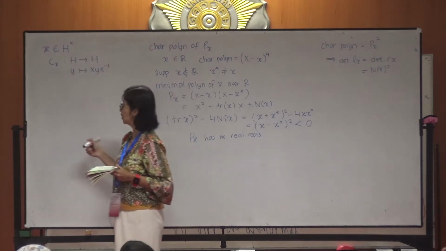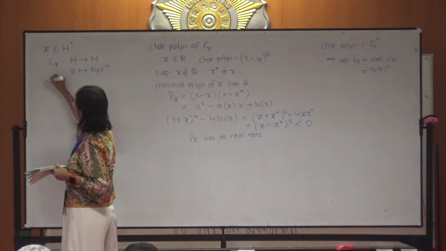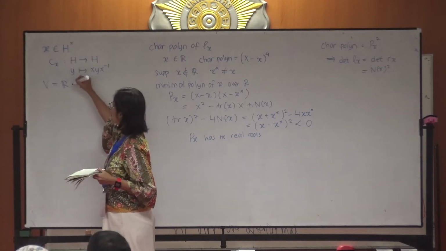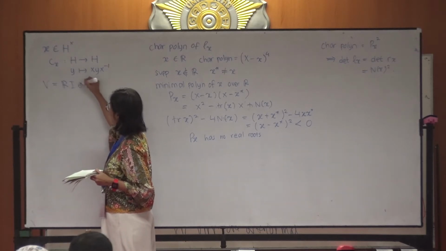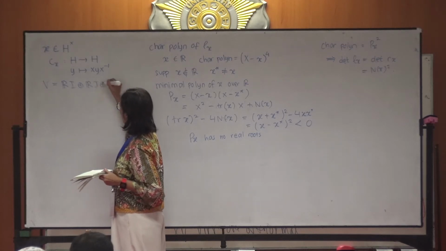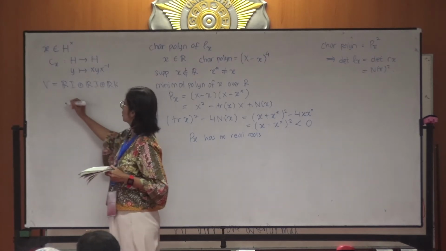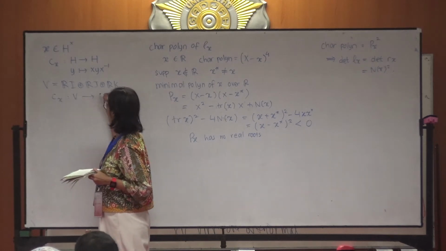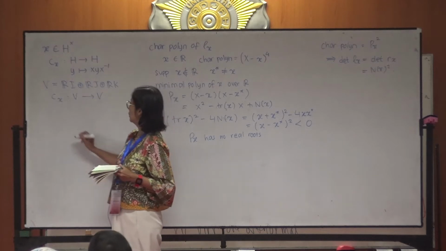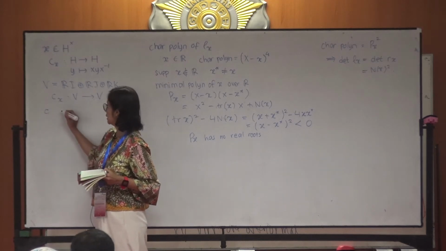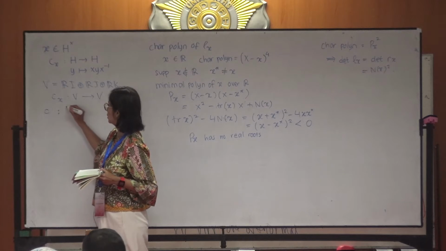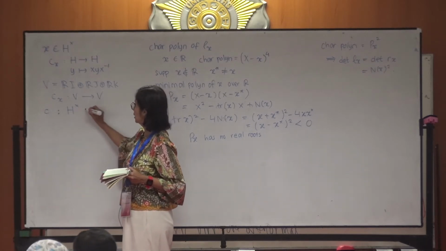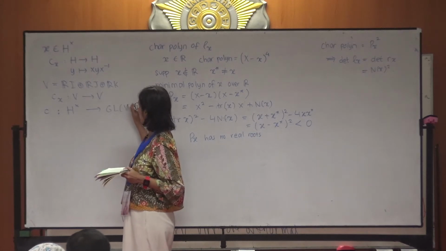And if we restrict to V, where V is the subalgebra of H generated by I, J, K, this C_x will go from V to V. It means we can get a function C that goes from the set of units of H to GL(V).